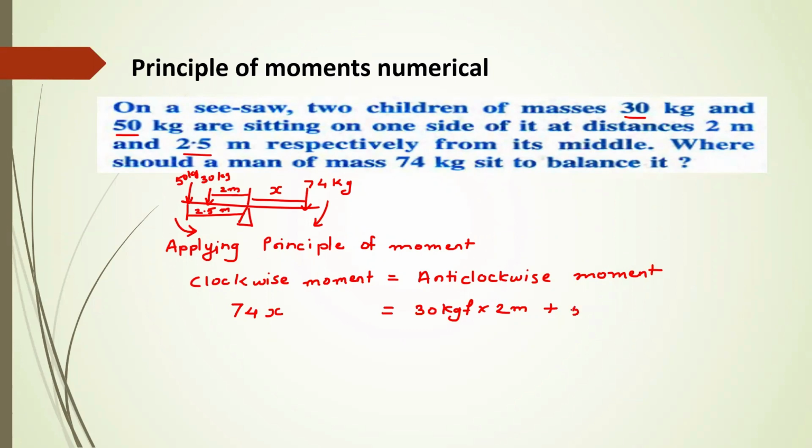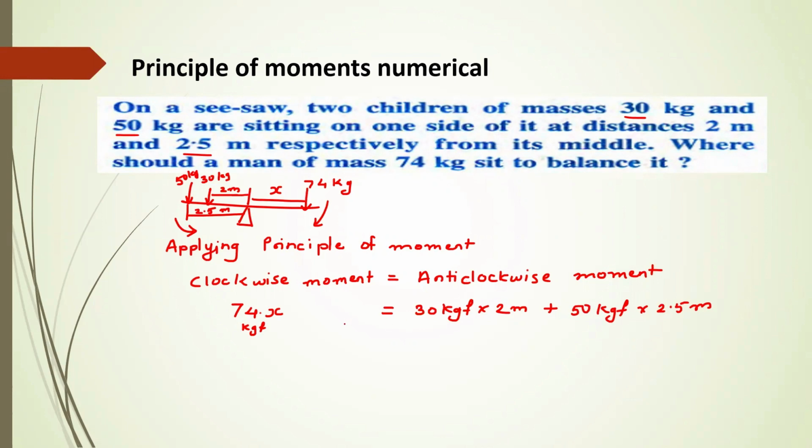Plus 50 kilogram force into the distance 2.5 meter. Here 74 kilogram force I would write into x is the distance, right? So this is how we apply the principle of moment.